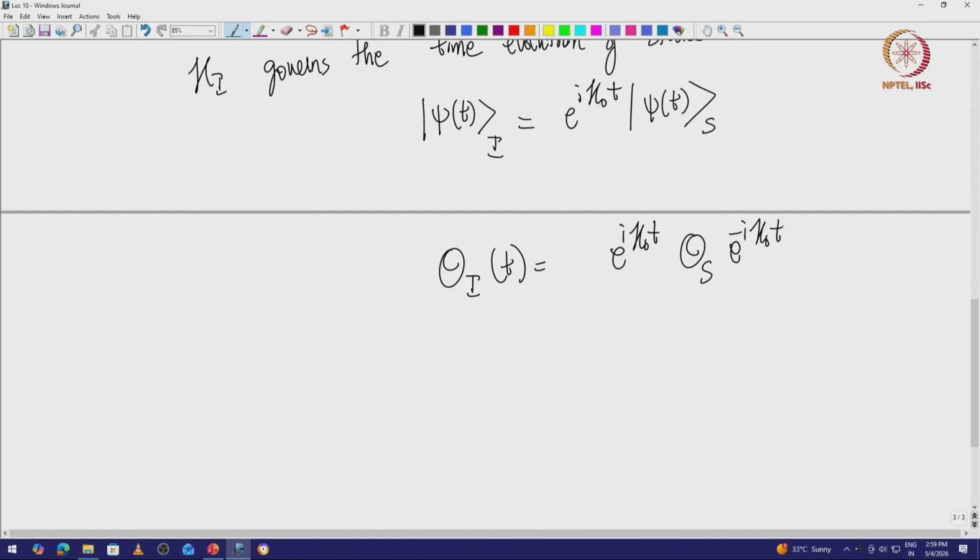So we can convert operators and states from the Schrodinger picture to the interaction picture by multiplying with e power i H0 t.